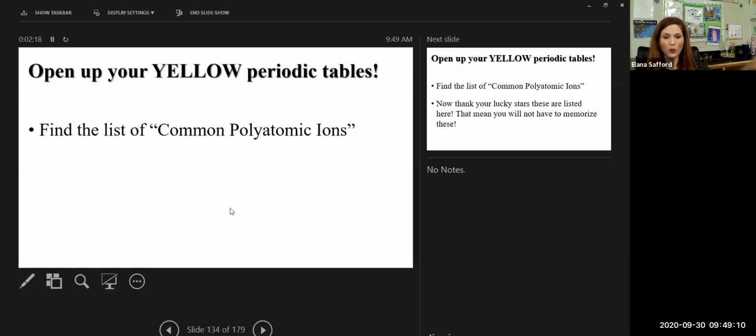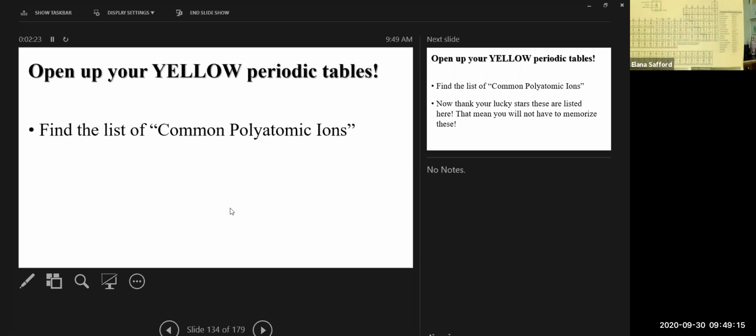Your periodic table at home may not be yellow, but I want you to get it out. From there, we're going to look at this list, on the wall right there. This area where it says common polyatomic ions.